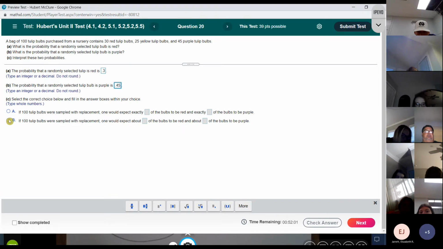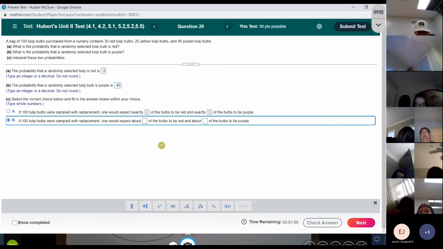Why am I not picking A? Somebody tell me why I'm not picking A. I haven't typed in a number. It says exactly. The word exactly. And what's wrong with exactly? What's wrong with the word exactly in probability and statistics?